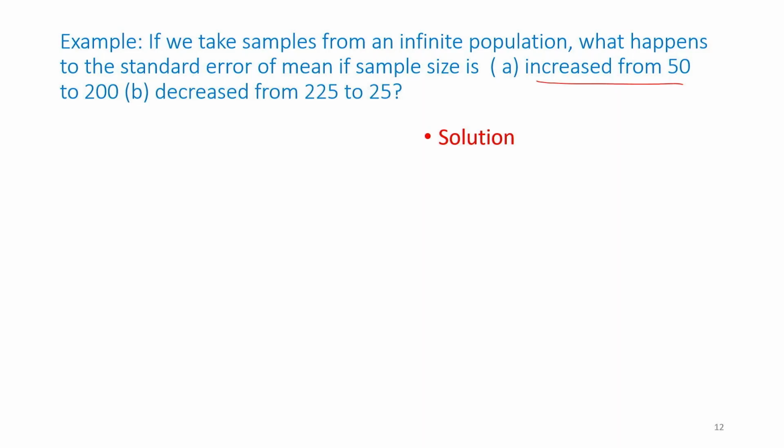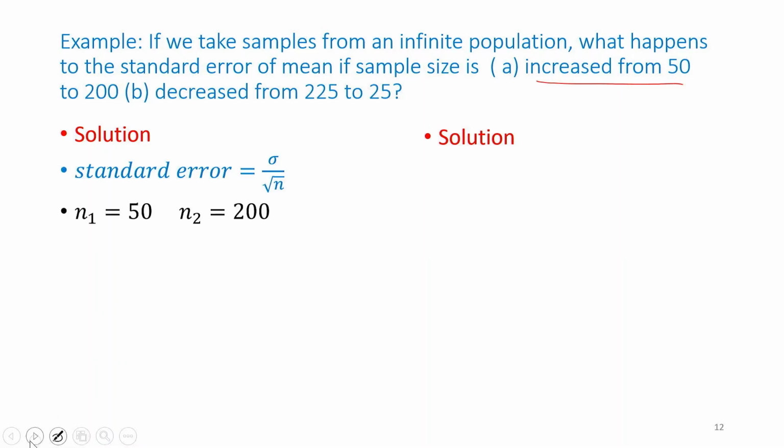So there are two questions that need to be answered. We take samples from an infinite population. What happens to the standard error of the mean if the sample size is increased from 50 to 200, or decreased from 225 to 25? So we show you the solution.